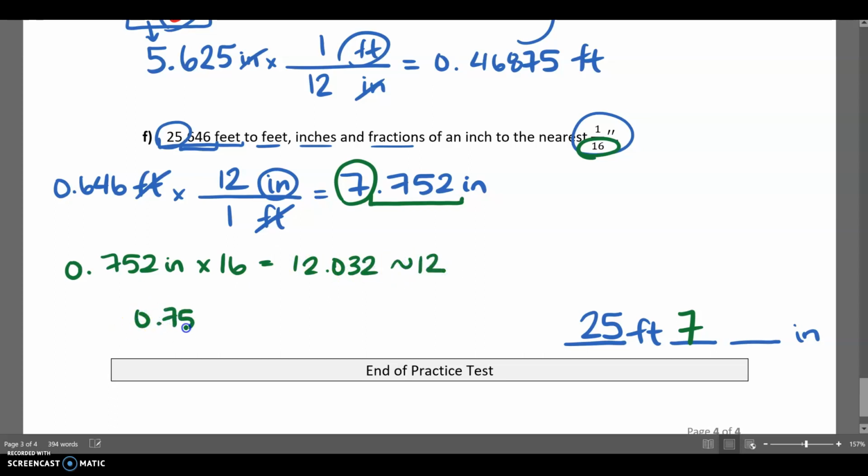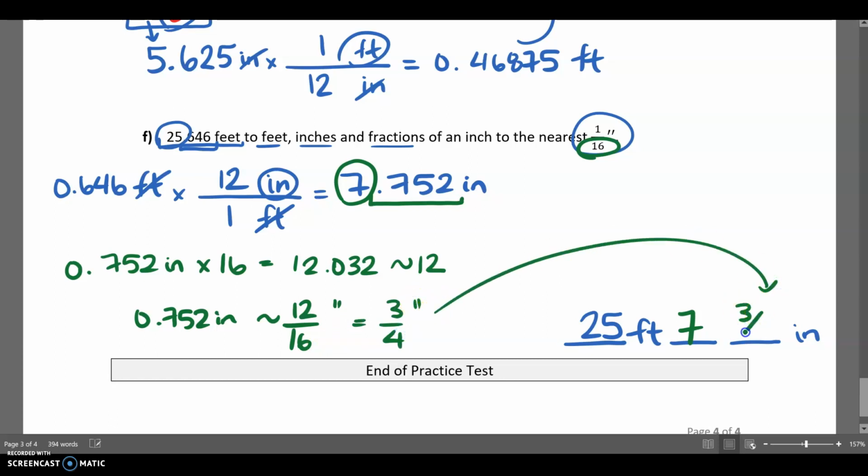So 0.752 inches is about 12/16 of an inch in fraction form. I want to have this in lowest terms, so this is equal to 3/4 of an inch. So that's the final piece of my answer. 25.646 feet is equal to 25 feet and 7 3/4 of an inch.